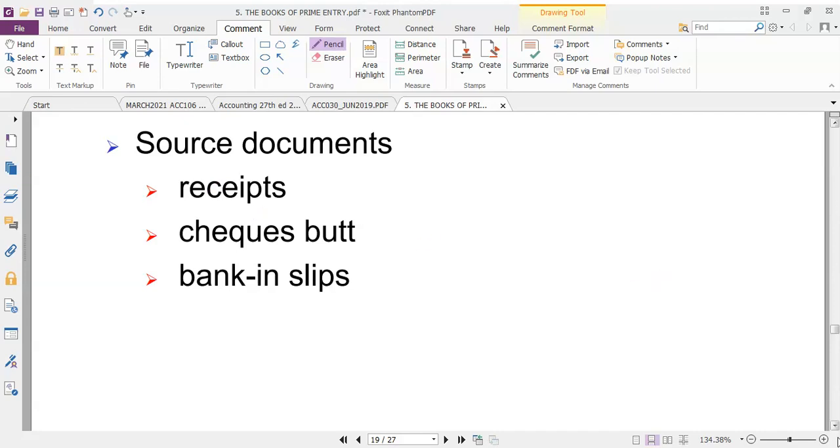Okay, itulah source document. Kalau untuk cash payment iaitu receipt, check bar ni apa dia? Okay, checkbook. Checkbook ni dekat hujung dia tu, kalau you perasan lah, dia akan ada satu kertas. Yang ni kita tanggalkan.